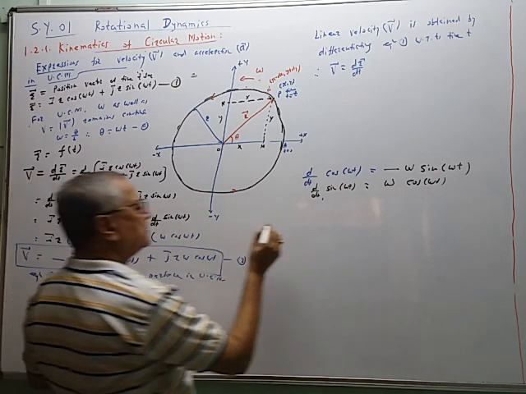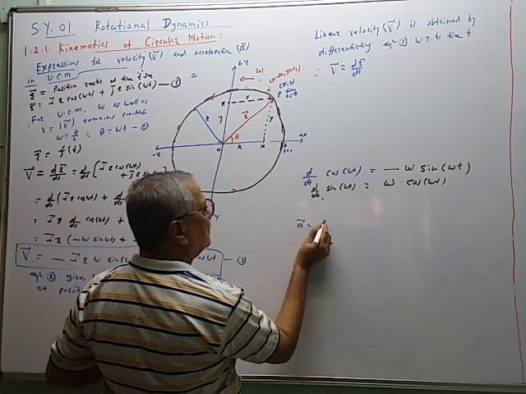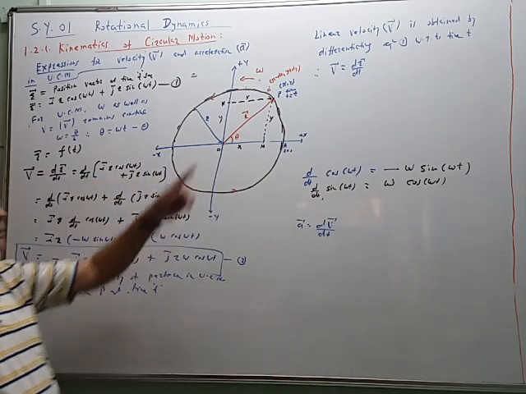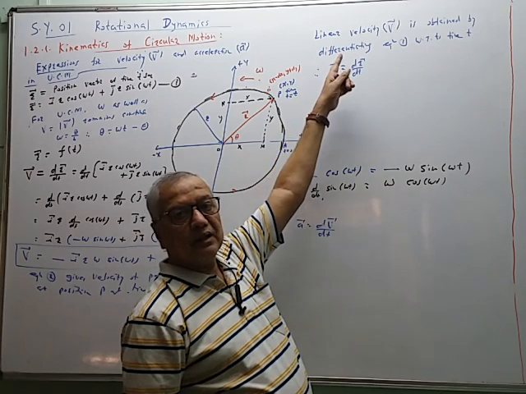So we know that acceleration a is given by dv by dt, rate of change of linear velocity with respect to time t. म्हणजे आपल्याला या मेथडनेच पुन्हा जावं लागेल, डिफरेंशियल कॅल्क्युलस.